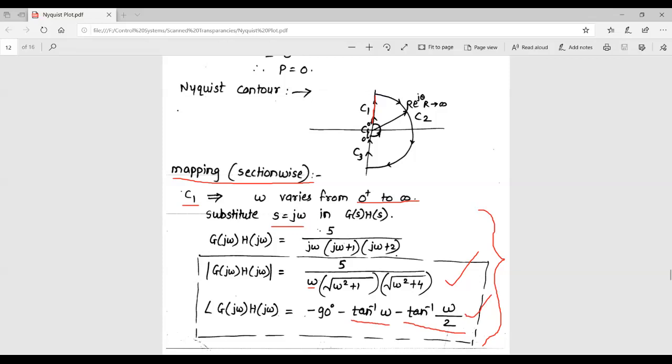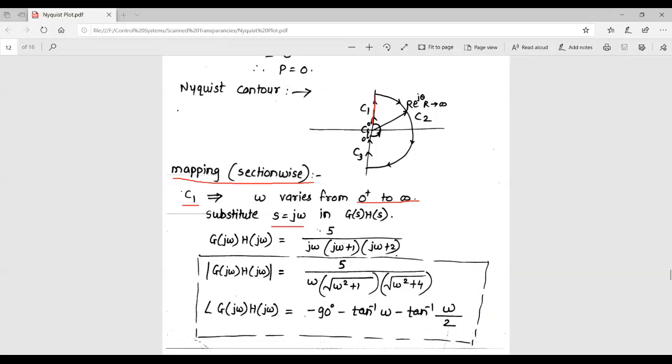These two values are limiting values of the magnitude that we have, and the corresponding phase also we can calculate by substituting two different values of omega here, first 0 and then infinity. Now let us start with the calculation for section C1.